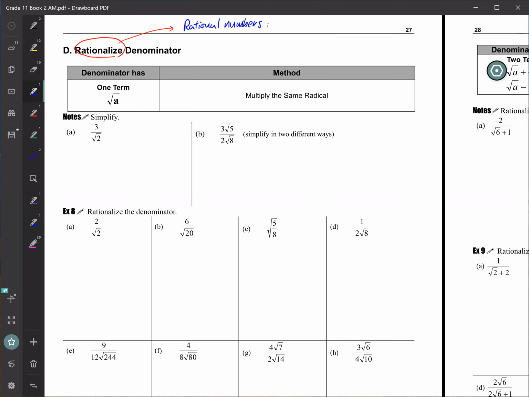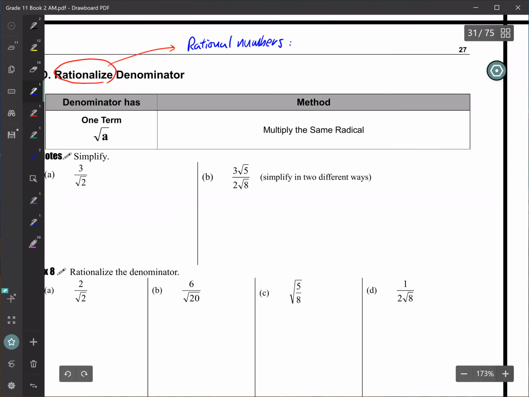So a rational number will be something that can end, okay? Like 2.5, that's rational, right? It's a clear number. So you are being rational, you are being very clear of your decisions.